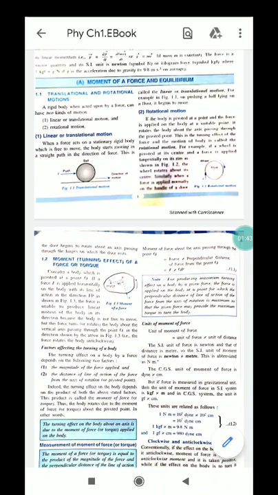Now we will move to moments of force. Moment of force is a measure of its tendency to cause a body to rotate about a specific point or axis. SI unit equals Newton meter, that is Nm.